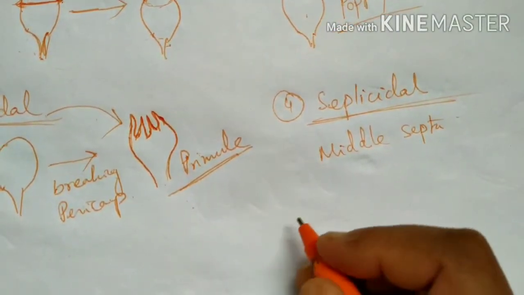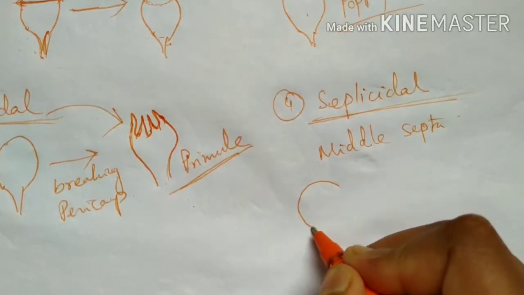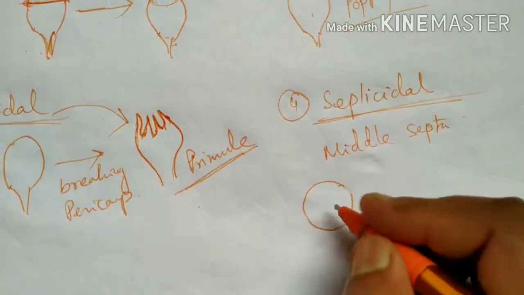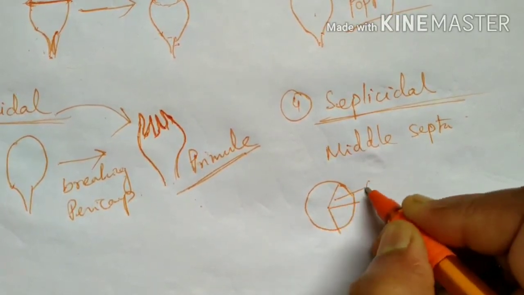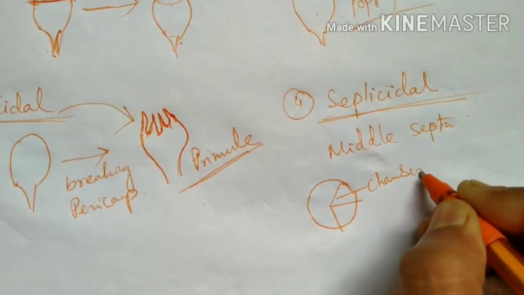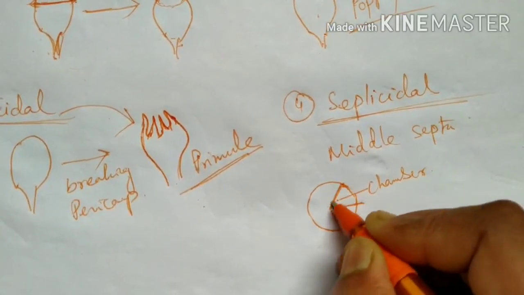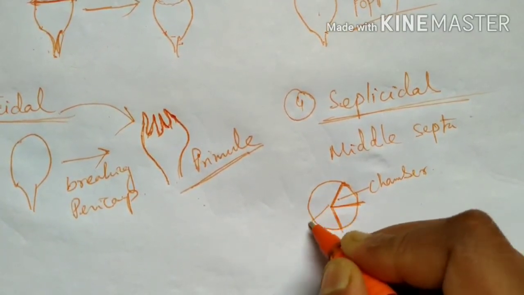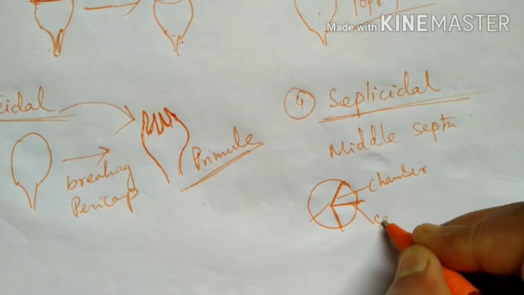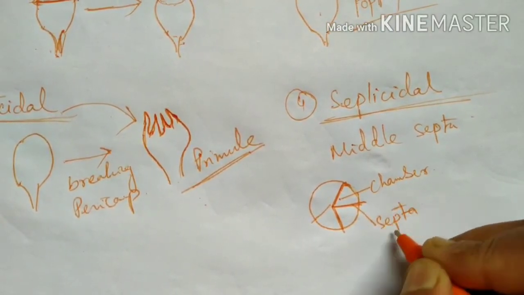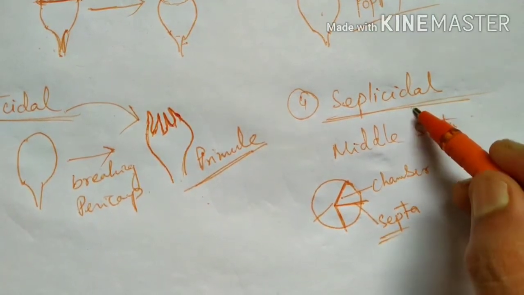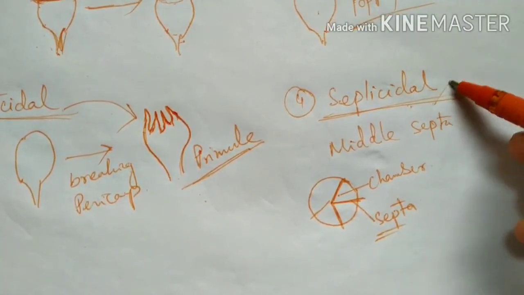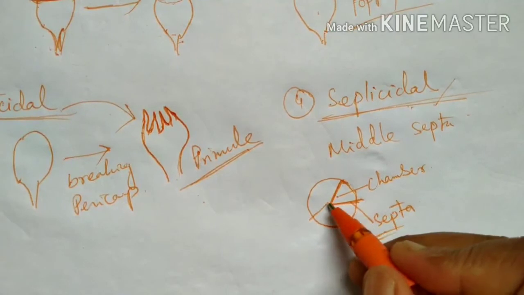So if this is a fruit and these are chambers, so this portion which produces these chambers is known as septa, right? So in this case, in septicidal type capsule, the fruit dehisces from this middle septa.